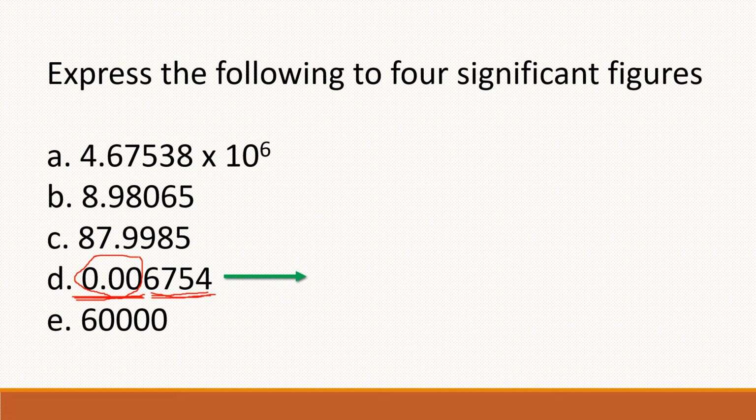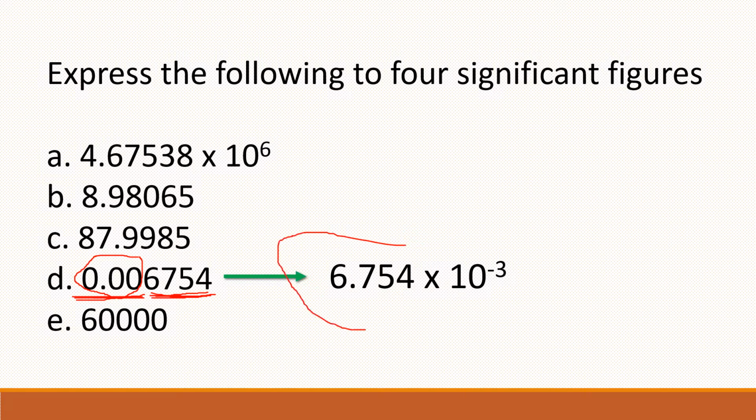Let us have a look at how we can make it an exponential form. See here, 6.754 into 10 power minus 3. There is no ambiguity about the zeros here. So whenever there is ambiguity about the significant figures, we should convert it into exponential form. Then we can have a clear idea about the number of significant figures. Here 6.754 into 10 power minus 3 has 4 significant figures.